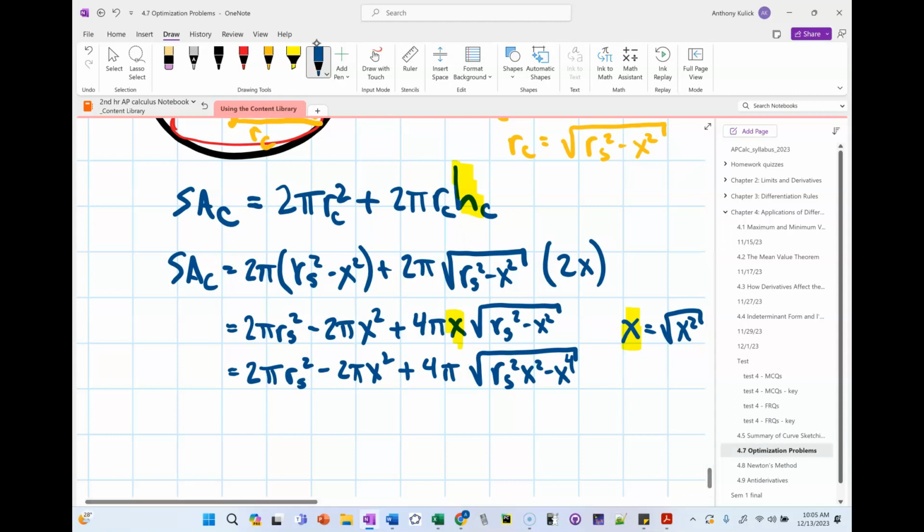So how come we went from rs squared minus x squared to just rs squared times x squared? I have rs squared x squared, and then it's minus x to the fourth, because I distributed an x squared through. Oh, right, I see. So if I do the derivative then, that's 0 because it's constants.